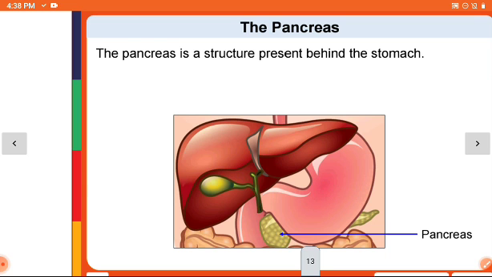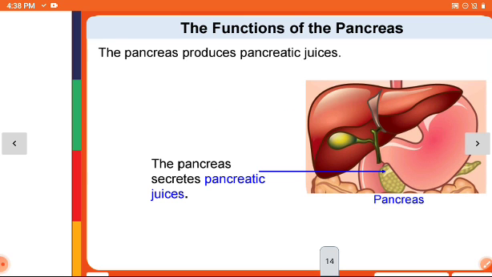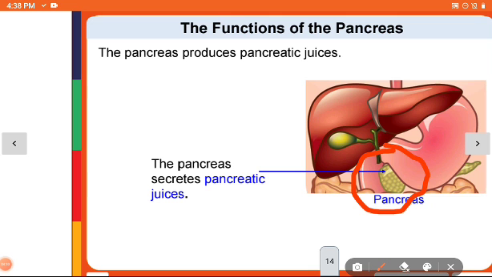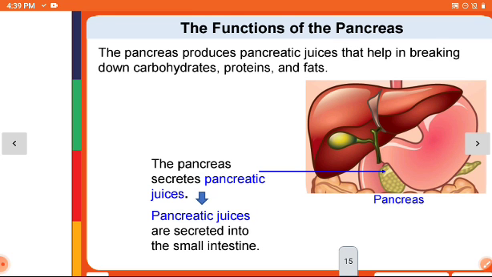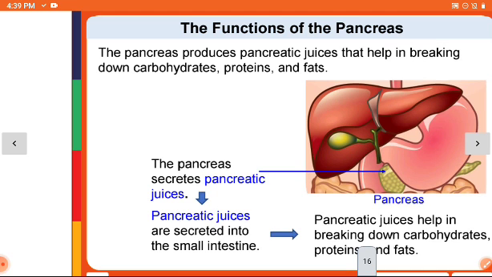After that, the pancreas. The pancreas is a structure present behind the stomach. So this is the pancreas, which is under the liver. The pancreas secretes pancreatic juices, and pancreatic juices are secreted into the small intestine, and these juices help in breaking down carbohydrate, protein and fat.